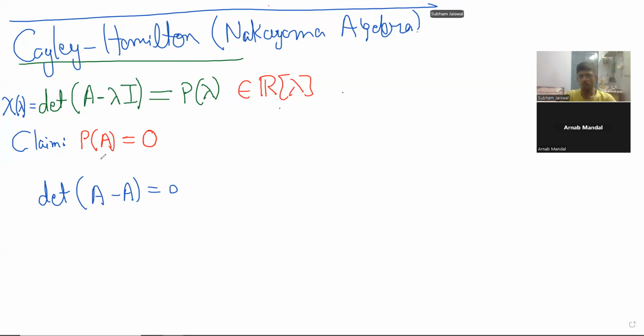So that's the first thing. It's wrong because this P(A) is not a number. So this is an n by n matrix, which is 0. That's quite clear. It's not a number. And this other thing is a number which is 0. So how does it prove anything? It doesn't prove anything.